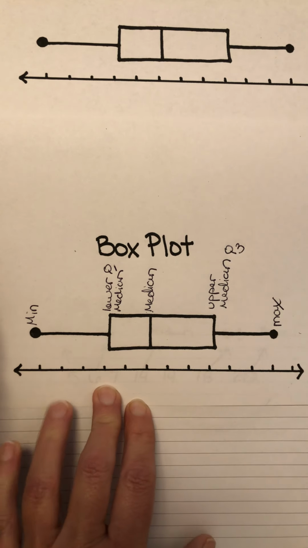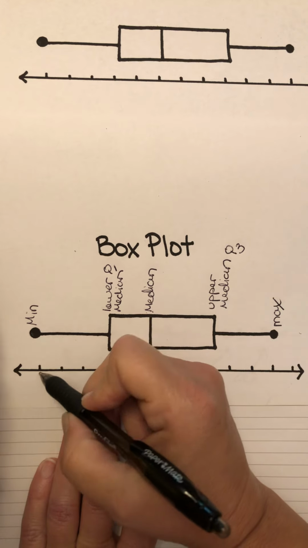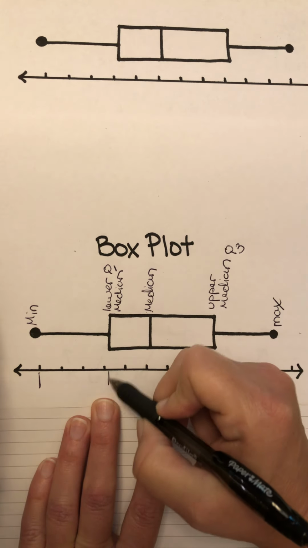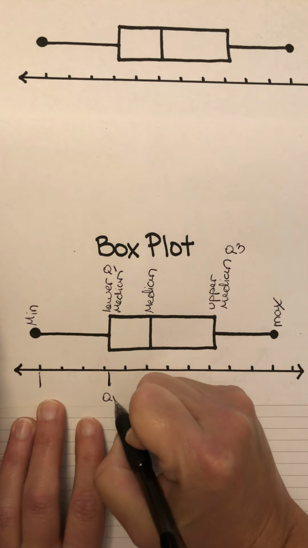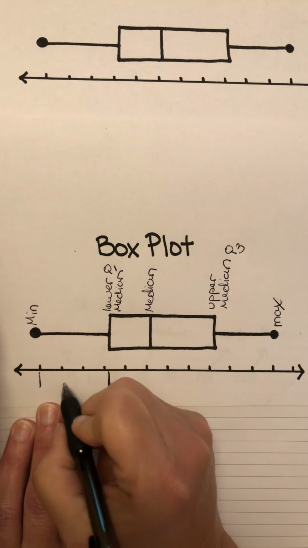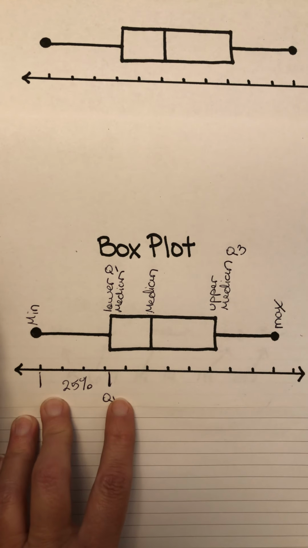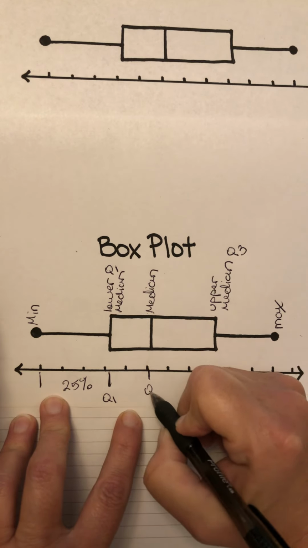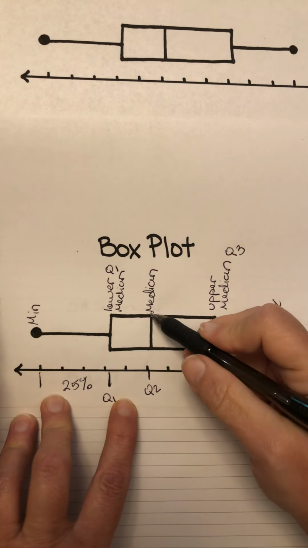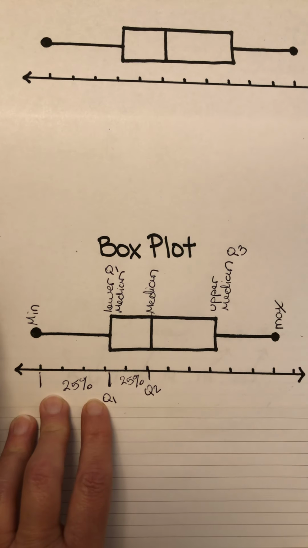The reason I said that is because I look at the data from here to here. This right here marks my Q1. This represents 25% of my data. So then I go to here. This is my Q2, also known as the median. This also represents 25% of the data.